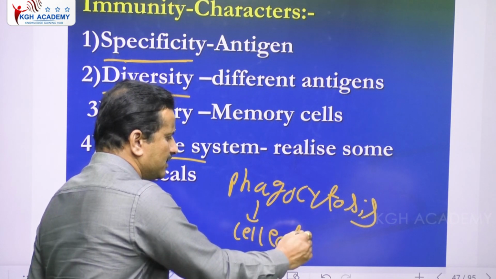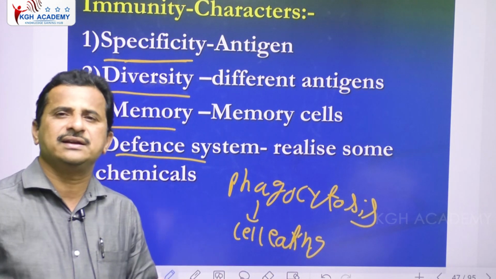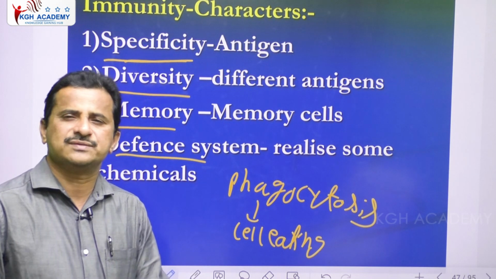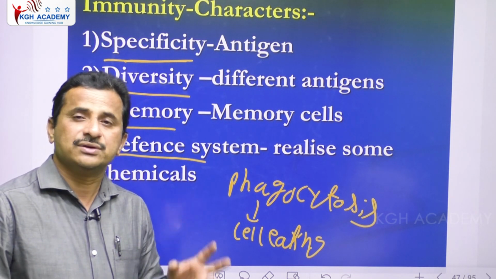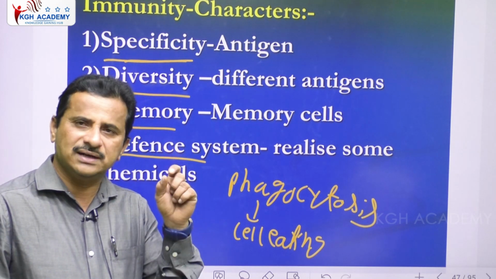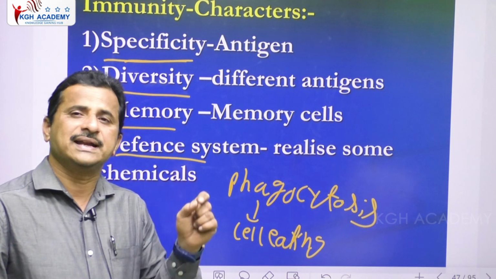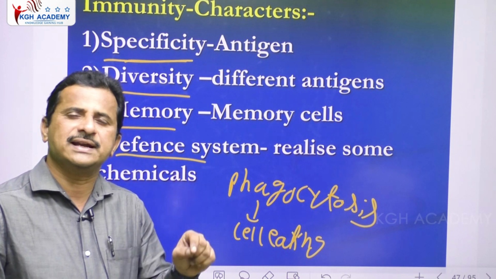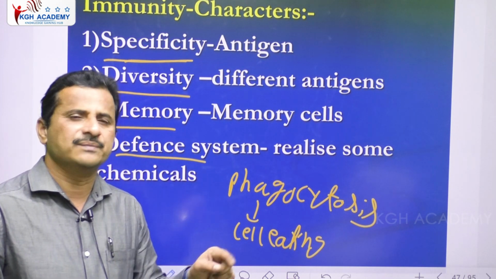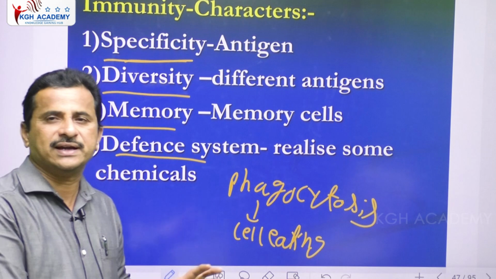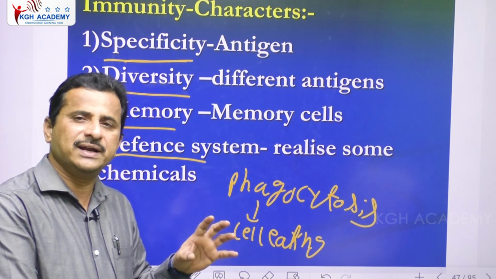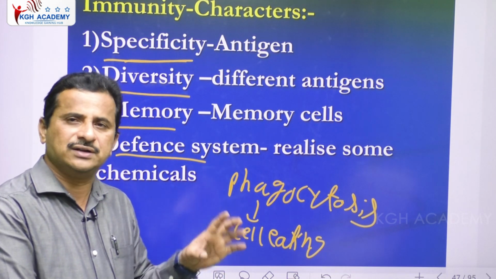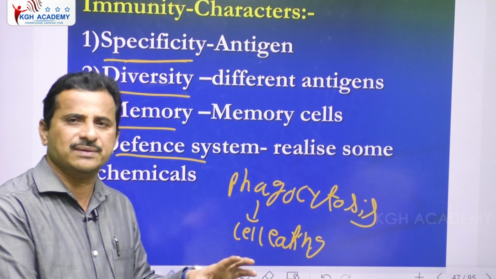Here, immune system related cells eat bacteria and other microorganisms, particularly bacteria. So in this way, by eating or inactivating microorganisms, or by releasing some chemicals, they inactivate that microorganism. So this is nothing but a defensive mechanism. They eliminate or reduce the effect of microorganisms, toxins, and chemicals.